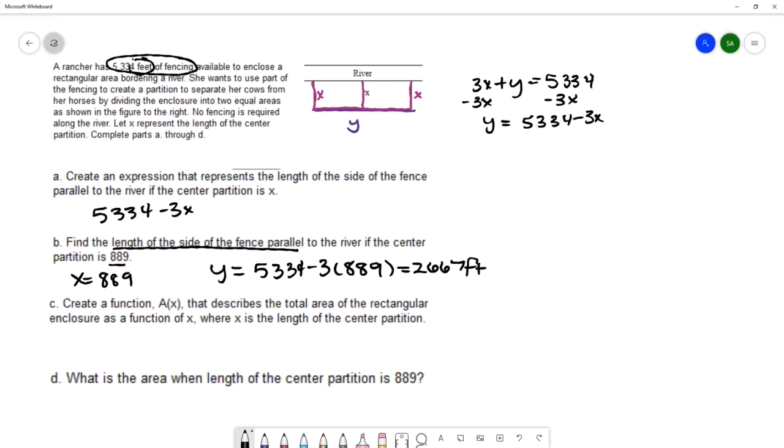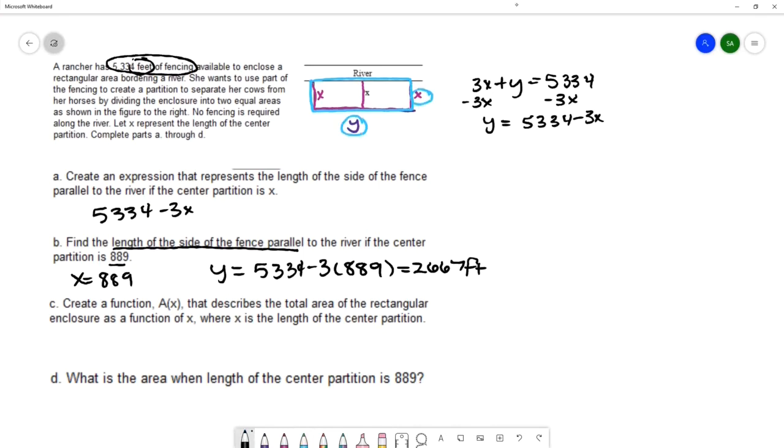But then we want to create a function that represents area, the area of these two enclosures. So if we're finding the area, we're going to find the area of this big one here. And we can use our normal area formula, which is length times width.